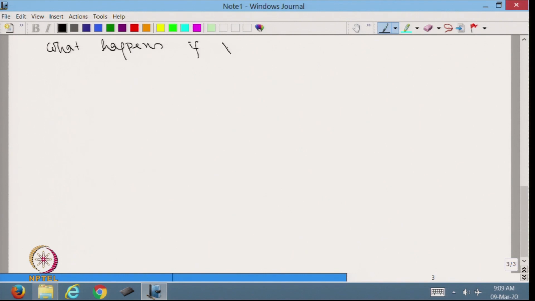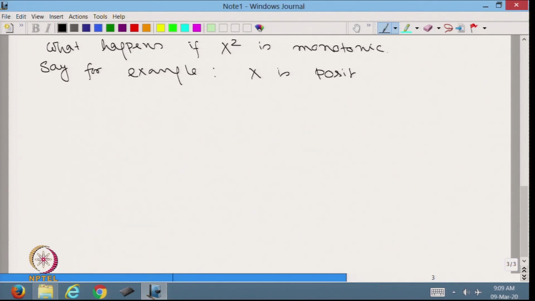What happens if x square is monotonic? Say for example, x is a positive random variable with continuous PDF.